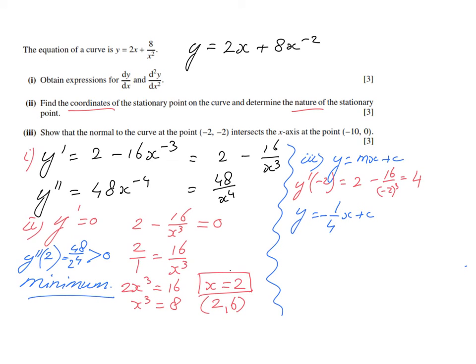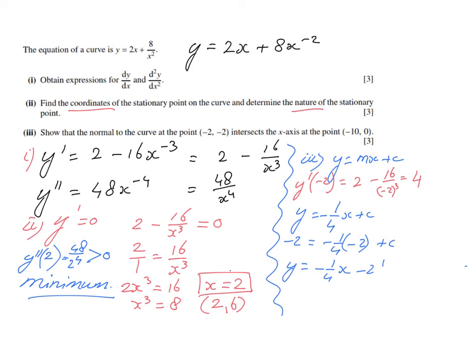I need to find the y-intercept, so I'm going to plug in the point. So y is minus 2 when x is minus 2, plus c. That is times, by the way, sorry. Minus a quarter times minus 2 is going to be half. And then minus a half, so c is minus 2.5. I'm doing a few steps in one because I do not have the space to write it all down.